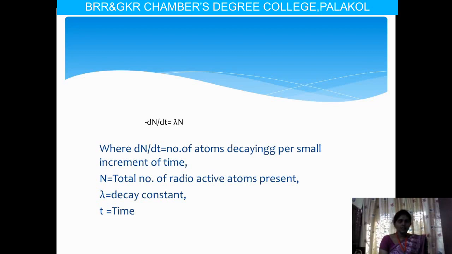Now observe the equation for the units of radioactive decay. dN by dt is the number of atoms decaying per small unit of time, where N is the total number of radioactive atoms, lambda is the decay constant and t is the time.